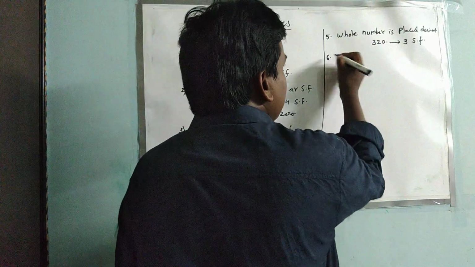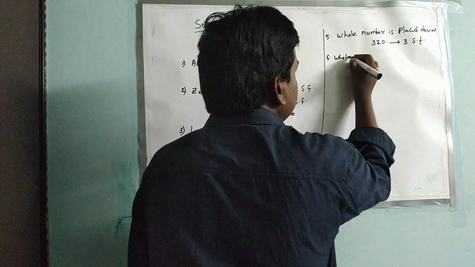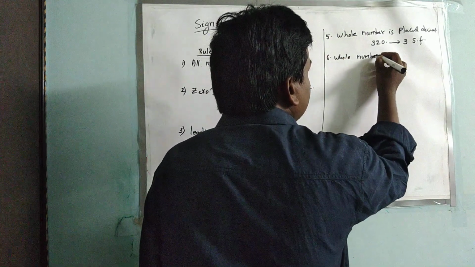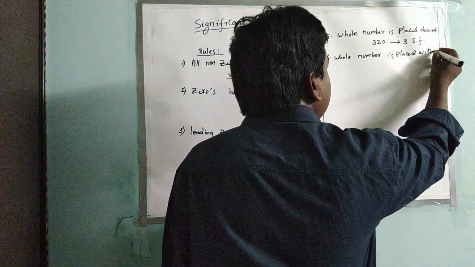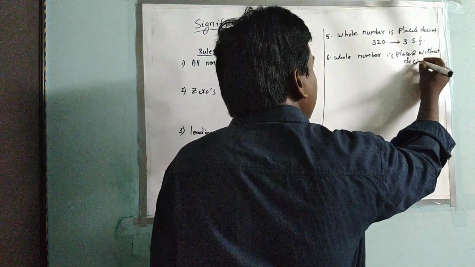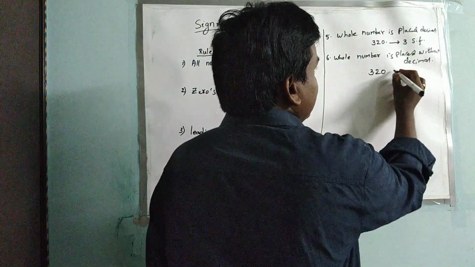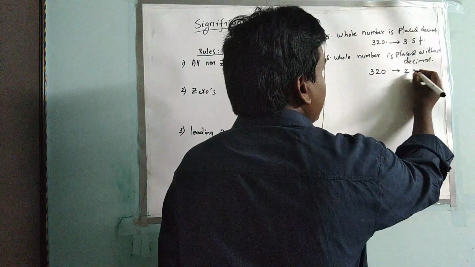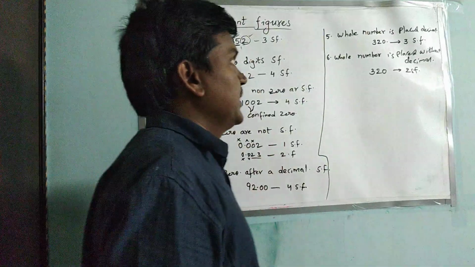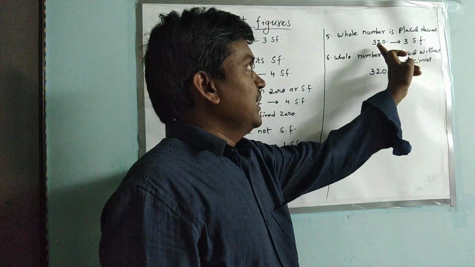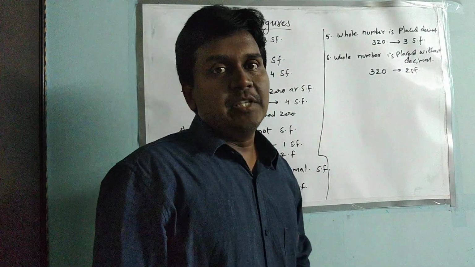And the same rule: if a whole number is placed without decimal, then for the same 320, there are only 2 significant figures. Why? Because 0 can't be counted there. For a whole number, if there is a decimal, then 0 also will be counted. If there is no decimal, we won't count the 0.